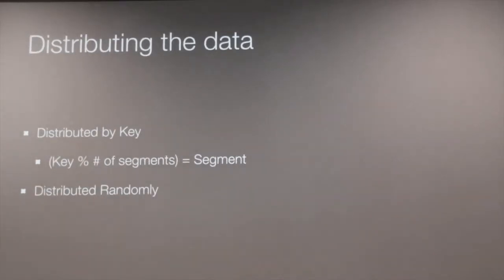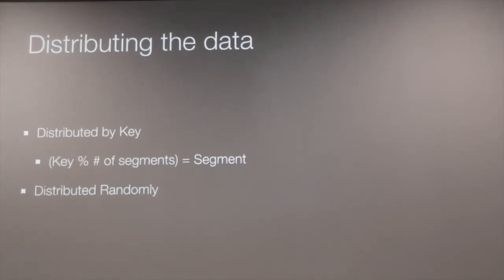So going back to this slide where we had all of our Postgres databases divided up and each storing the data, I said that it is essentially like sharding, that you're storing a little piece of the data on each of your Postgres nodes. The way that you determine what data goes where is by using the distribution key.